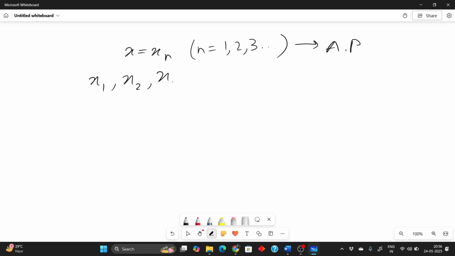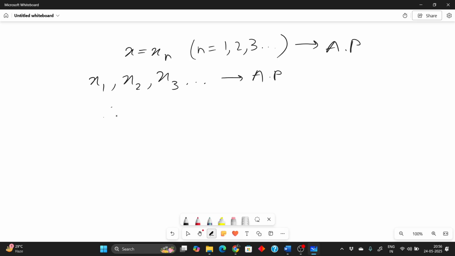Basically, what we have here is x equals x_n, and n goes 1, 2, 3, and so on. So basically, it says this is an AP. This means that x1, x2, x3, dot dot dot is an AP.